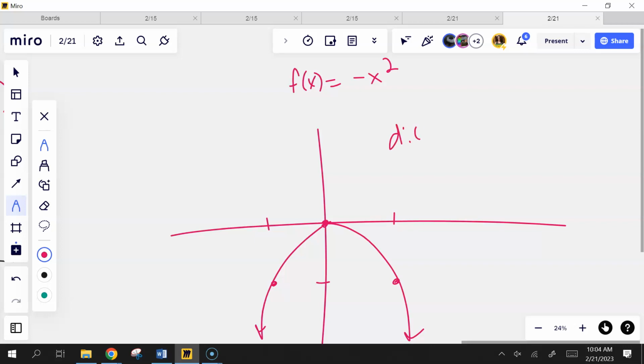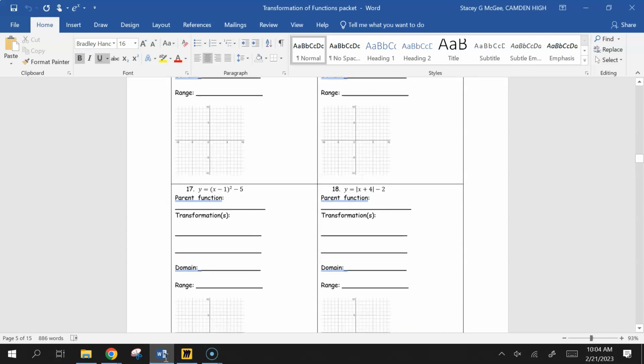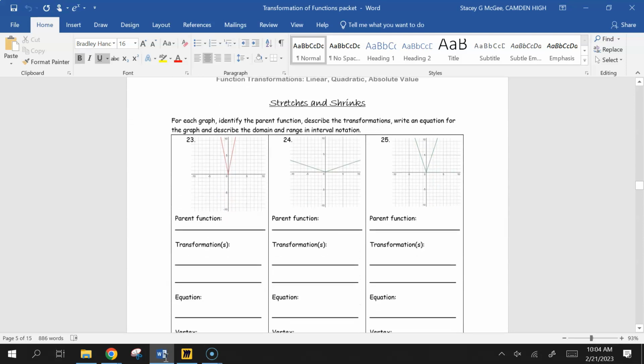Domain, of course, negative infinity to infinity, and range, negative infinity. What else? Yes. Flip on over to 25.